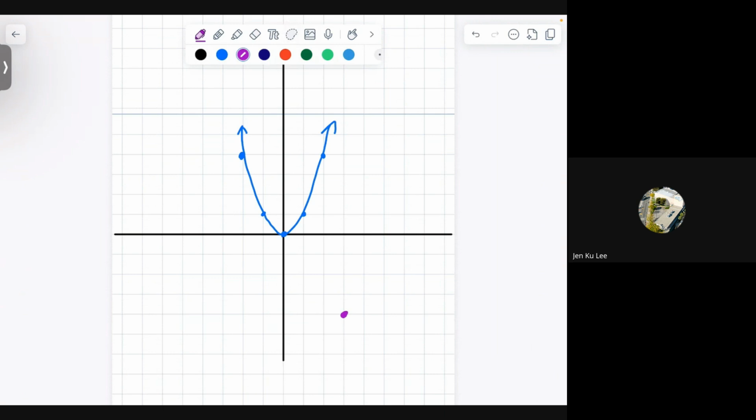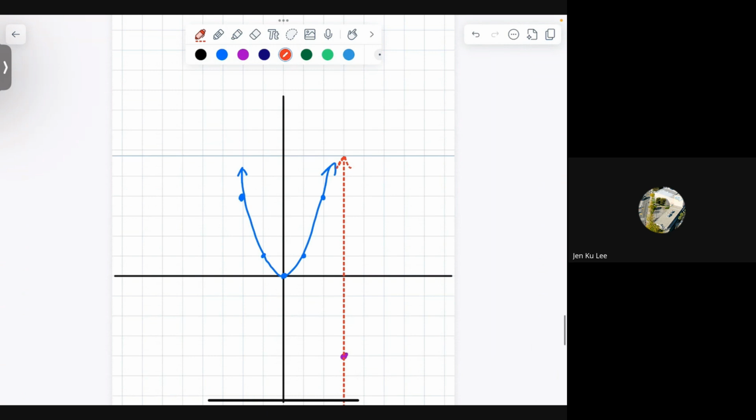So I know that my axis of symmetry will be right here. Okay. Don't forget the lines on the top and the bottom.